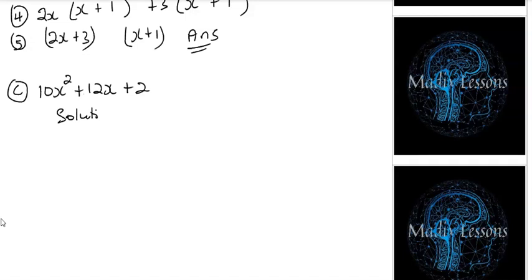Solution. Step number 1. We're multiplying 10 times 2. 10 times 2, people, is going to give you 20. What two numbers multiply to give you 20, but if you add them, you will get 12?